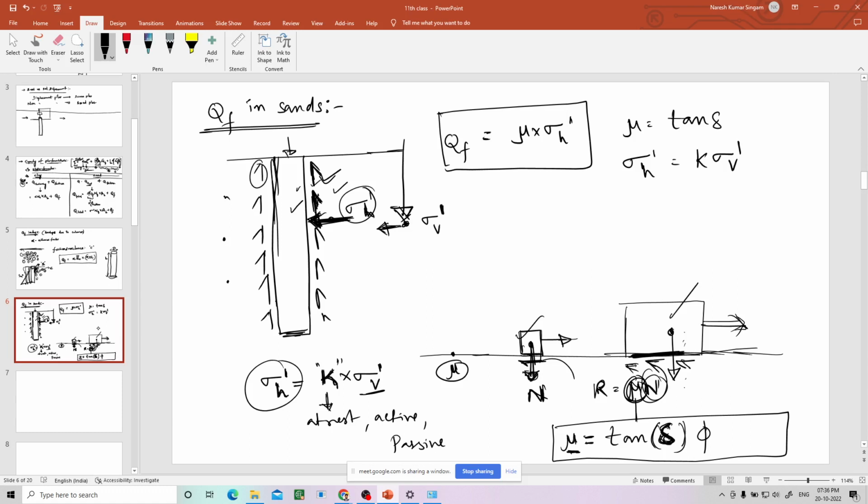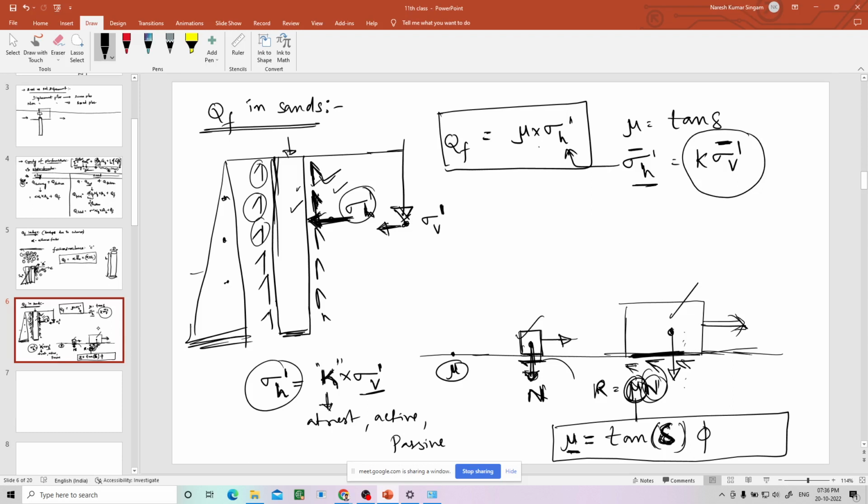The resistance is coming all over the surface, so you cannot take a particular depth. You have to take all over the depth, which means you have to take the average. You know the effective vertical stress varies linearly. You take the average value here. If you multiply by K, you will get sigma h average. If you multiply that sigma h average by mu, you will get the frictional resistance in the sand.